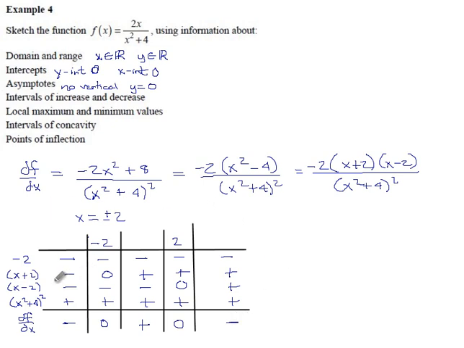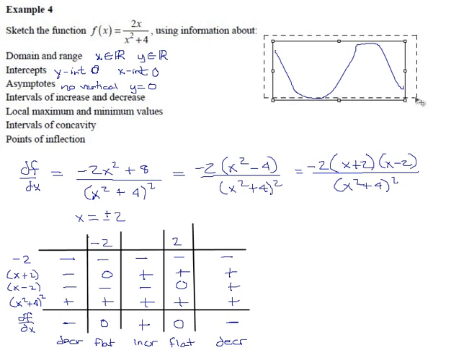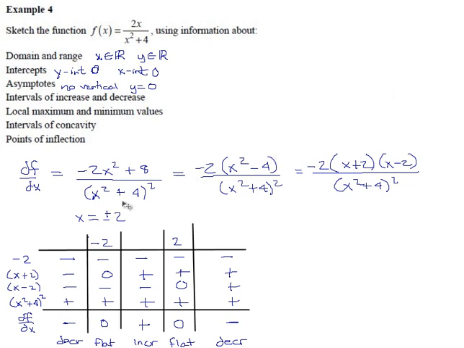So this means that our function is decreasing, flat, increasing, flat, and decreasing once again. So the curve's going to go down, flat, up, flat, down, some shape like that. We'll do that in more detail in a while.